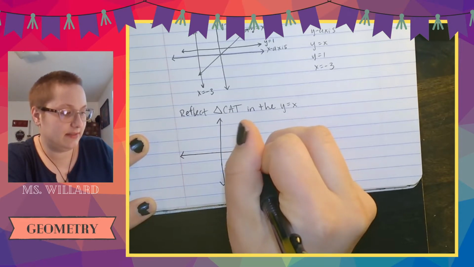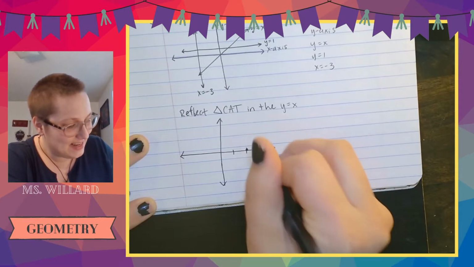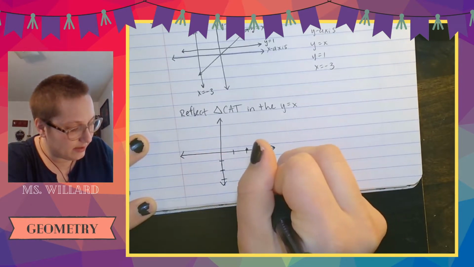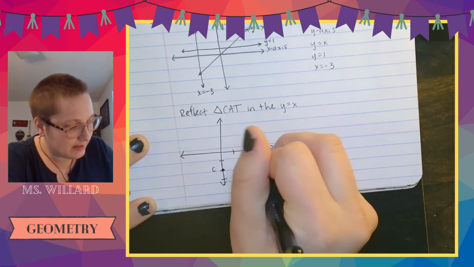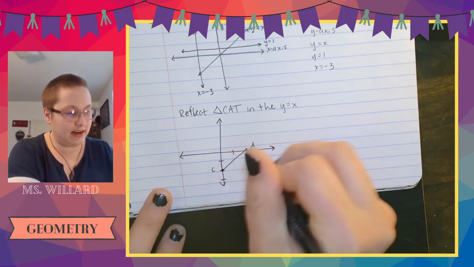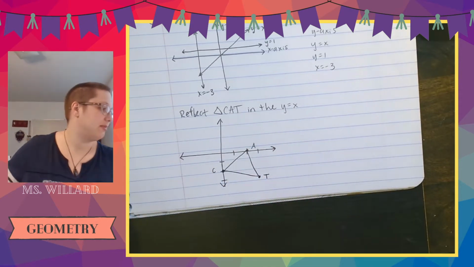Let's just do the same one as before because I don't have any creativity right now, and that's okay. By golly. Cat. So this is triangle cat. You can draw a cat if you'd like. And then this is the line that we're going to flip it over.